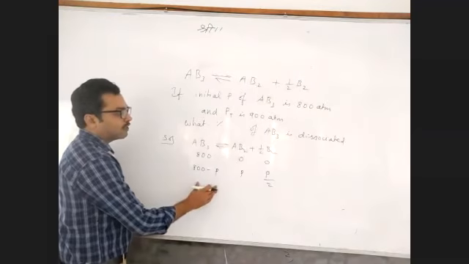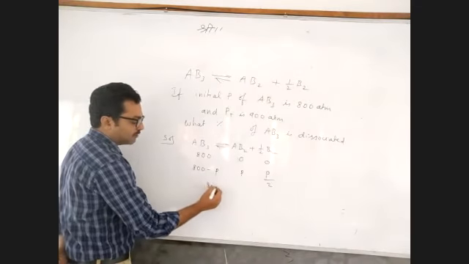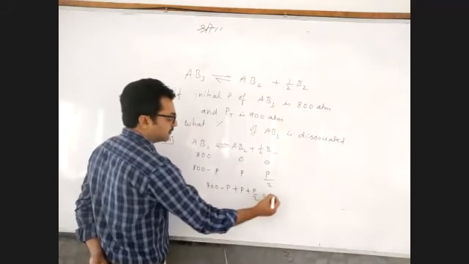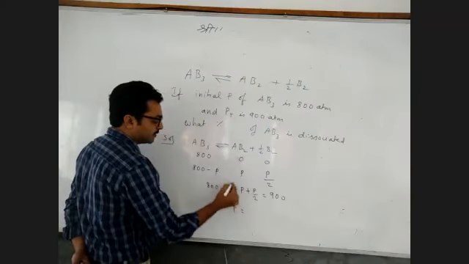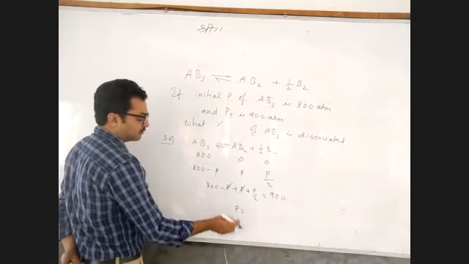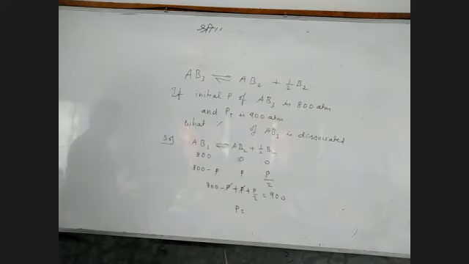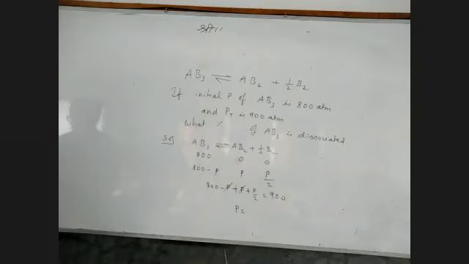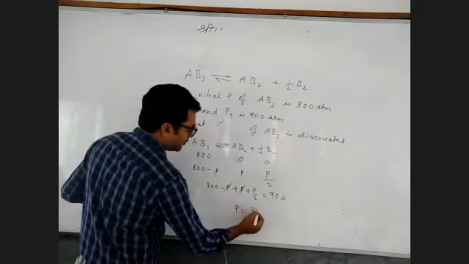Now tell me, total pressure 900. So 800 minus P plus P plus P by 2 is equal to 900. Then what is P? This will get cancelled, leaving 800 plus P by 2. 900 minus 800 is 100. So P by 2 is 100, and P is 200.